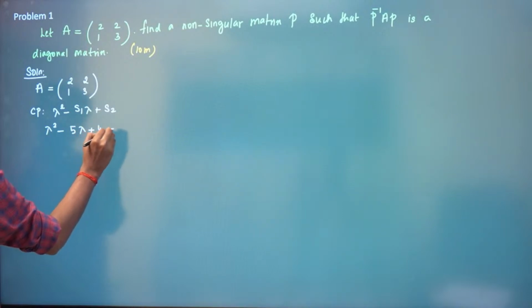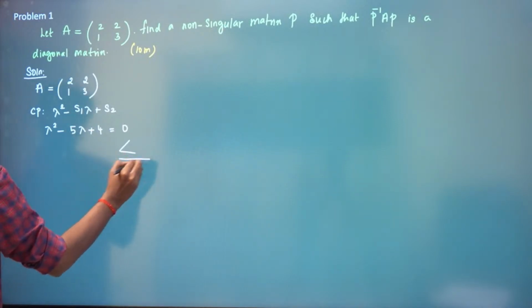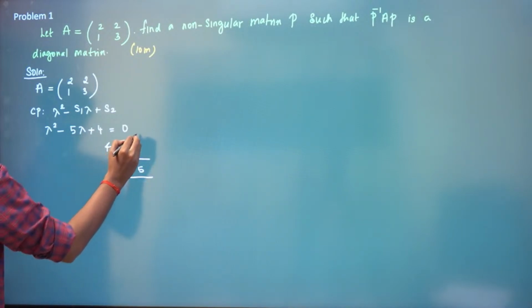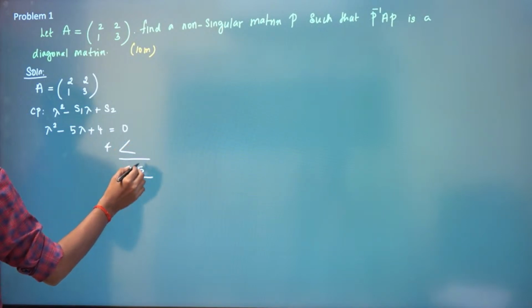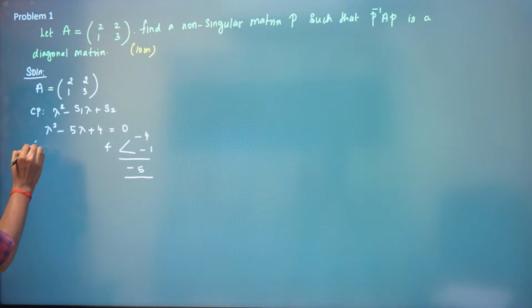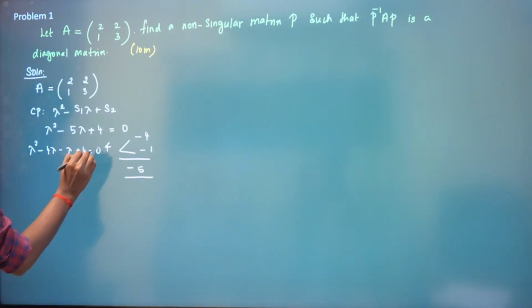So which is 4. If I equate to 0, I will have the eigenvalues. So sum is 5, product is 4, right? So we will have minus 4 minus 1. So lambda square minus 4 lambda minus lambda plus 4 is equal to 0.